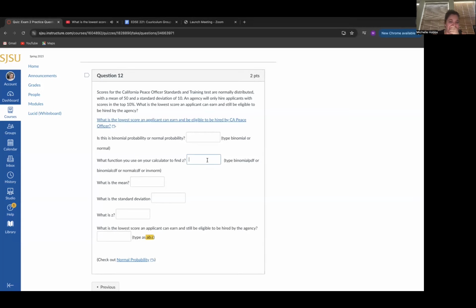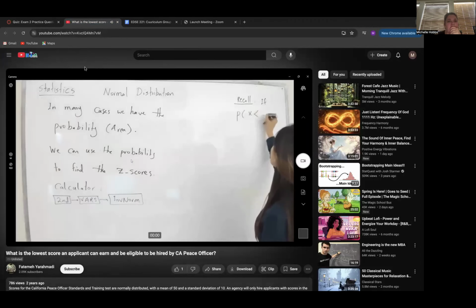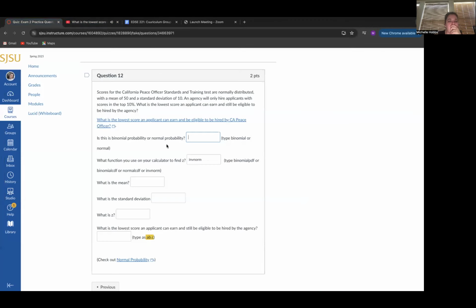So again, a quick recall for you. Inverse norm. The probability that X is less than, and this is a normal distribution.